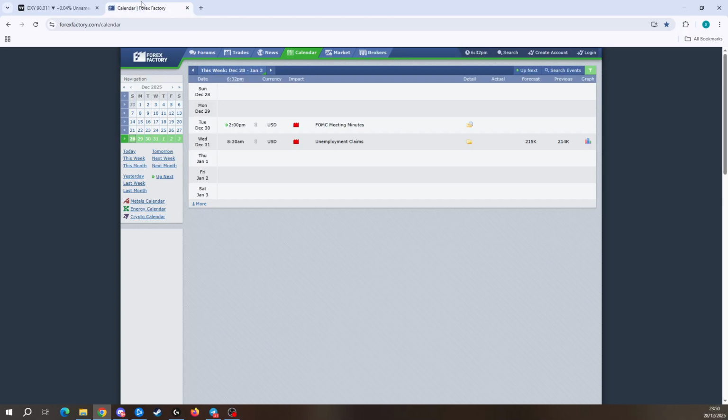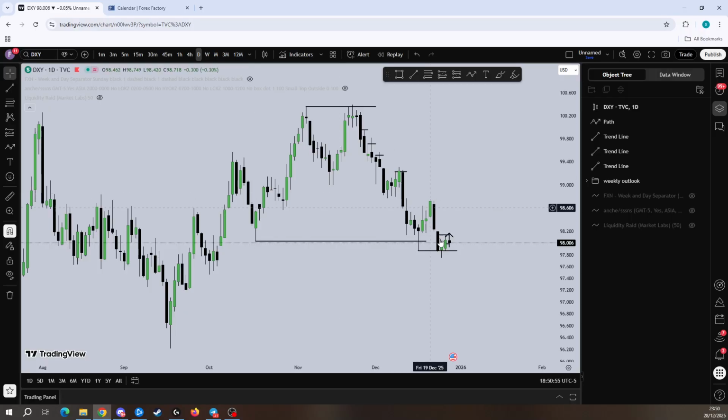But if you look at the economic calendar, we have no news on the second half of the week because of New Year's Day on this day and New Year's Eve. So this could also be a choppy week, and then we could just consolidate here, and the next week give the move into this area and then a sell-off.